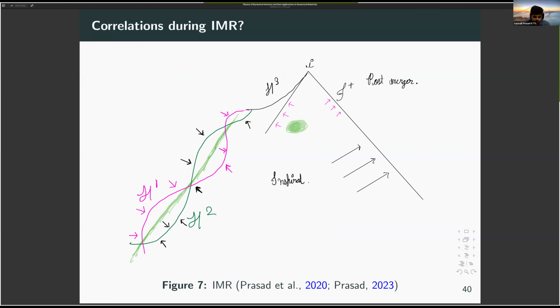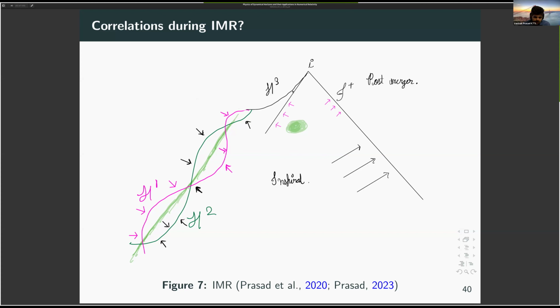Why? Because if you look at this plot, this is actually a cartoon. Please don't take this very seriously. It is like a Penrose diagram, but not exactly, but it illustrates the point. You have the event horizon forming due to the final black hole, which is asymptoting to equilibrium here. The progenitor of this final black hole is, of course, a binary black hole merger scenario. You have two black holes, the dynamical horizons are shown here. They are revolving around each other and then slowly contracting and merging here, where a final common horizon is formed, which asymptotes to equilibrium.